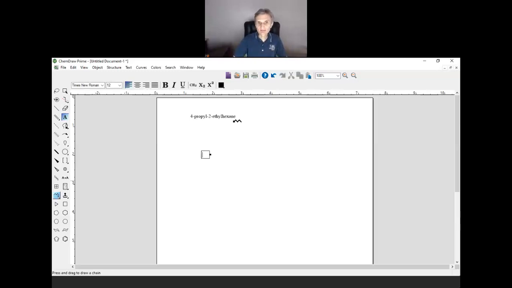So hexane, that means the parent chain is hexane, 6 carbons. On carbon 4, there is a propyl group, so 3 carbon units. So it's carbon 1, 2, 3, 4. So there should be a propyl group. Okay, let's put it down. May not be the best drawing, but okay.